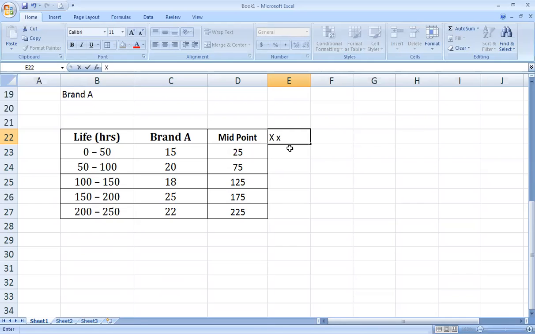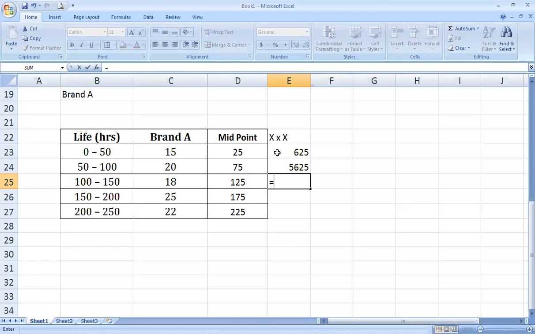So x square is 25 into 25, that is 625. Then 75 into 75, 5625.